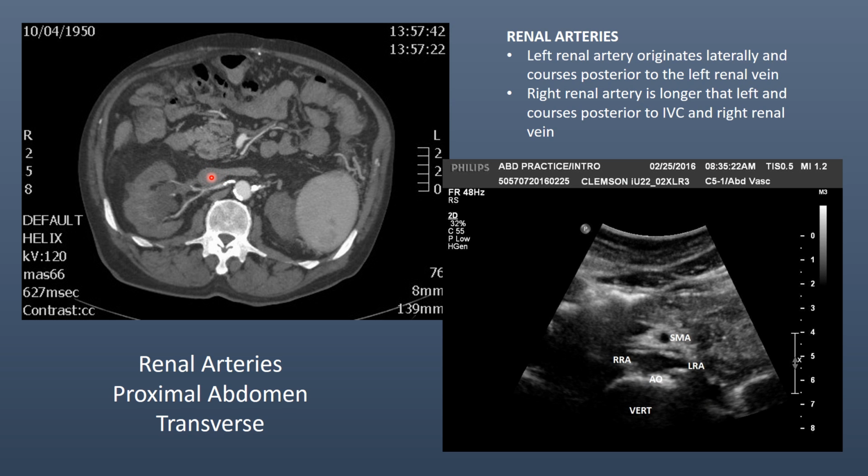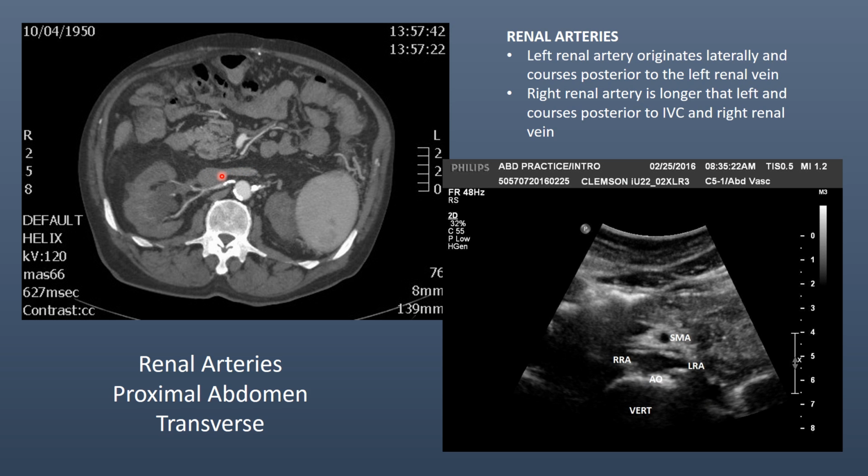And then you also have this area right here, which is the right renal vein that's draining blood flow back to the IVC. So here is the right renal vein coming from the right kidney, draining the deoxygenated blood back into the IVC. And then this is the left renal vein coursing anterior to the aorta and draining into the IVC.